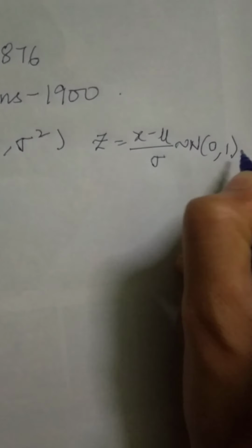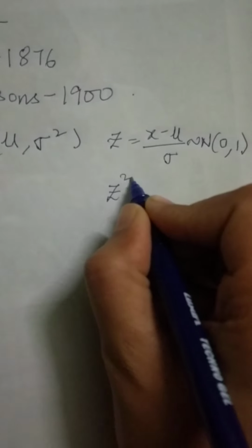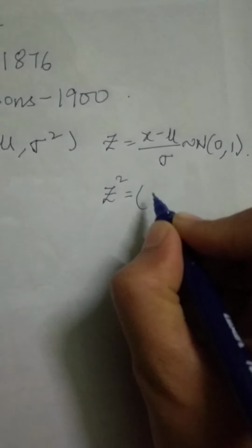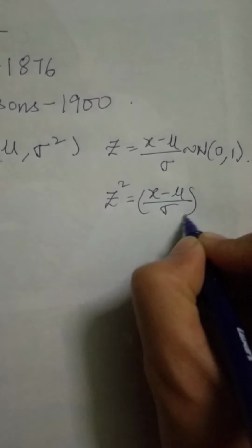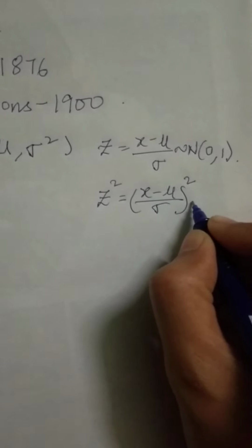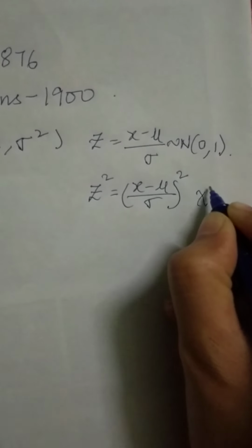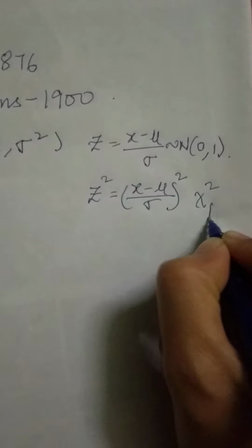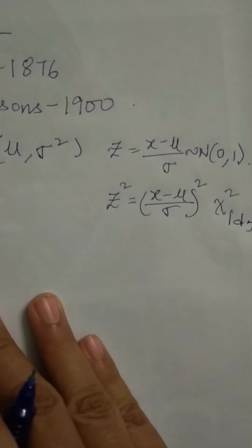Then z square is equal to x minus mu by sigma whole square, the square of a standard normal variate, and this is a chi-square variate with 1 degree of freedom.